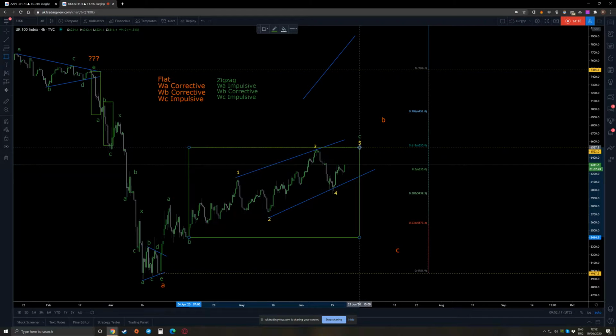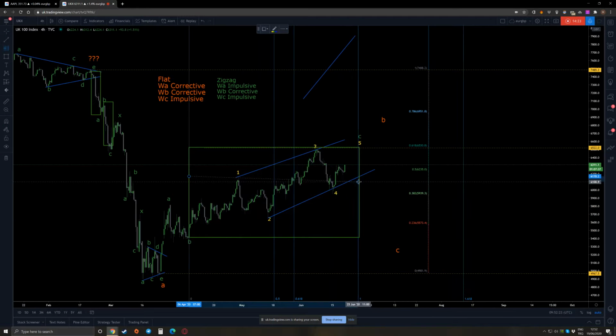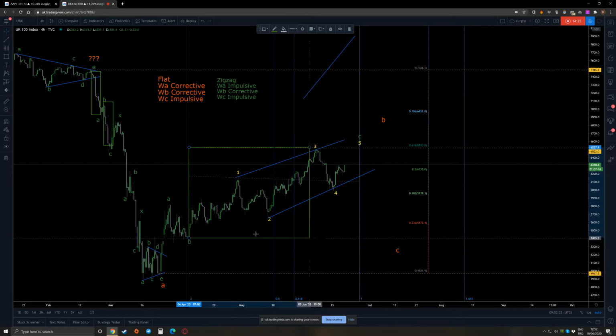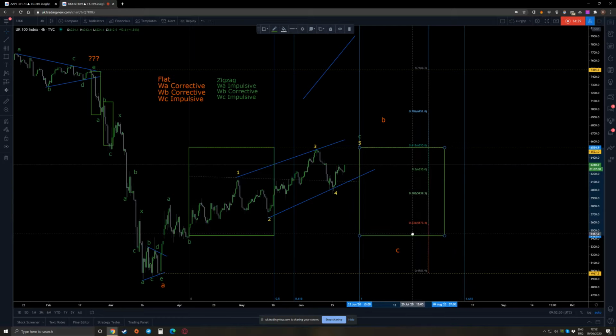Let's say as an example, it finished here. Then what I would do is I would take Fibonacci time zone from here to the end and take 50% out of it and put it on the right side here. It means that the price action after the fifth wave is done has to go back all the way to the B wave during this time.